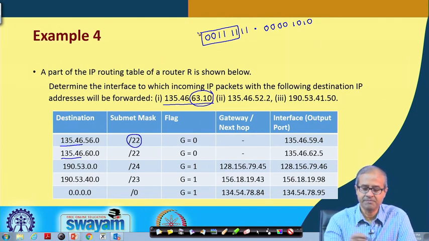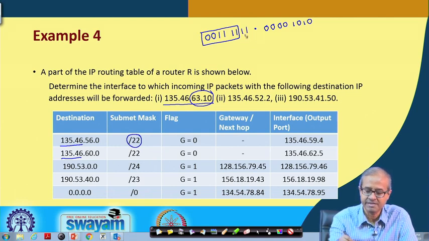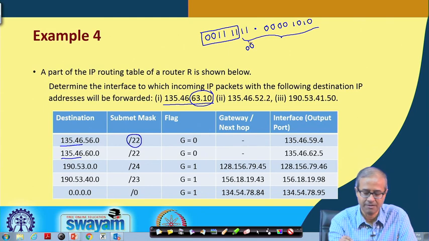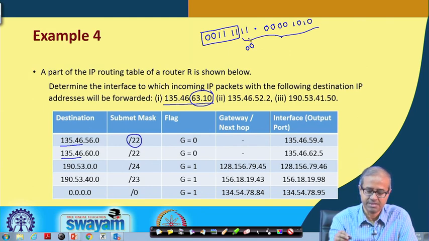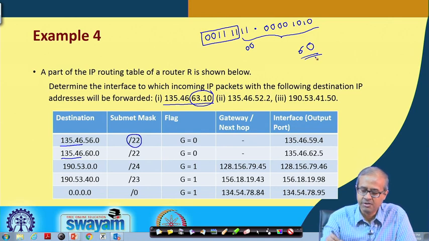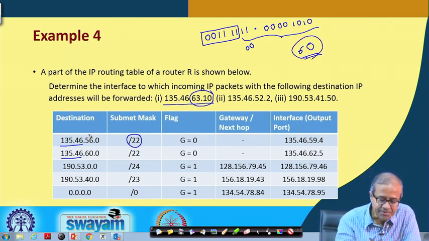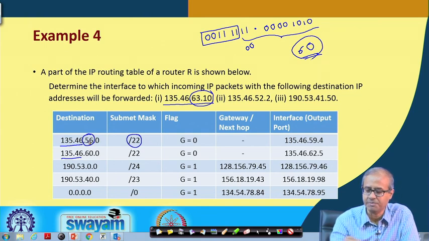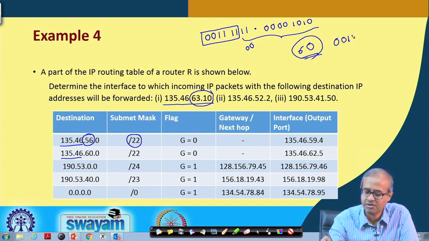So, how much will it become? If you do a bit by bit ANDing, these will be the host part. So, these 2 bits will become 00. So, it will actually become 60. You see in the first entry it is 56, so it is not matching. 0011 1100, this is 60.